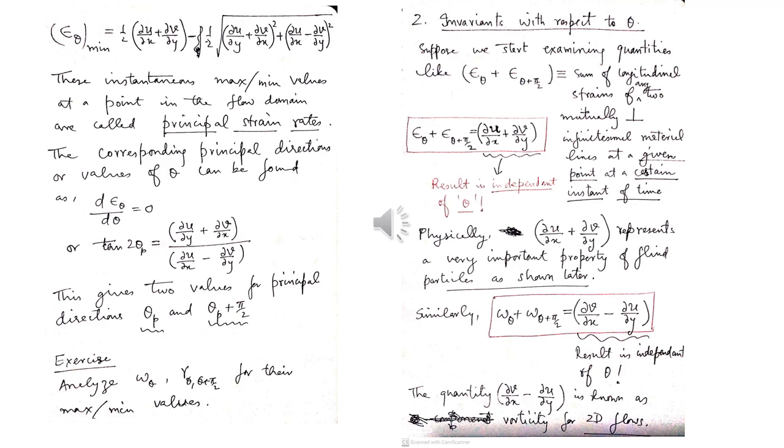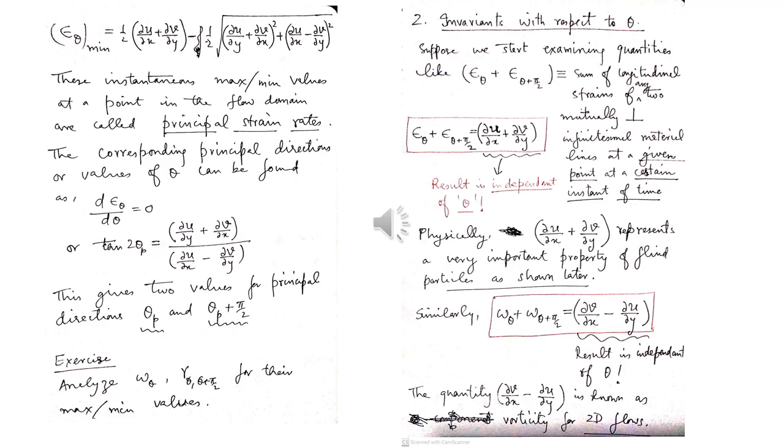So if I denote one value as theta p, the other value will be separated from theta p by an angle pi by 2, because remember the expression is tan 2 theta p. So if I take one value as theta p, it will satisfy the expression, and if I take another value theta p plus pi by 2, then it will again satisfy the same equation because tan is a function which has a period pi. So I hope this is very clear now.